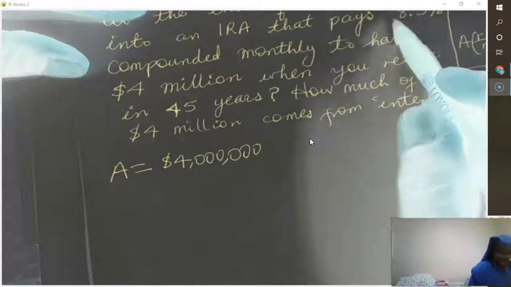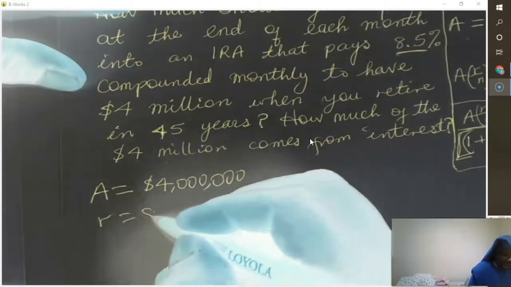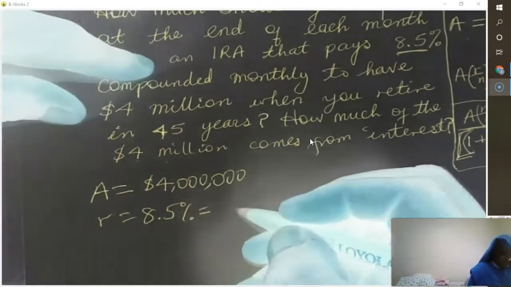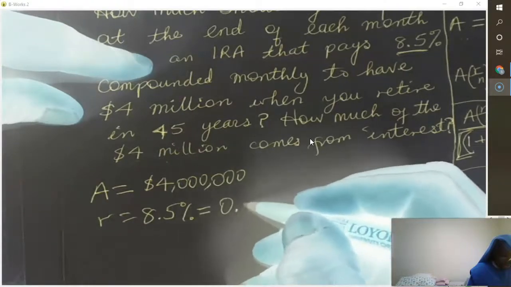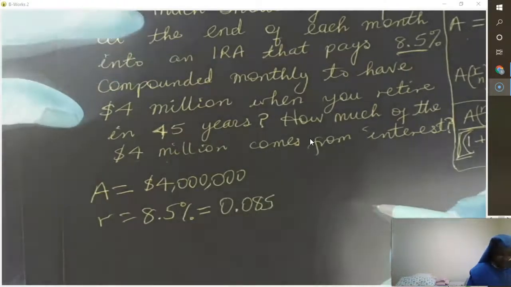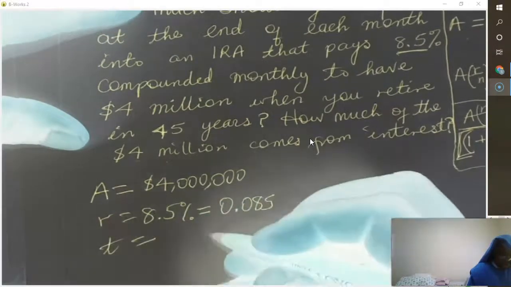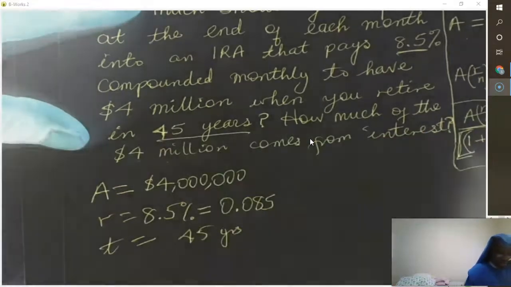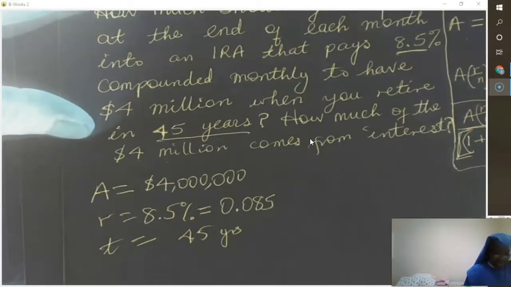We also know the rate is 8.5%, so r is 8.5%. Change it to decimal: we divide by 100, we get 0.085. And the time, t, is 45 years. What else do we know? That's it. We have everything we need in our formula.